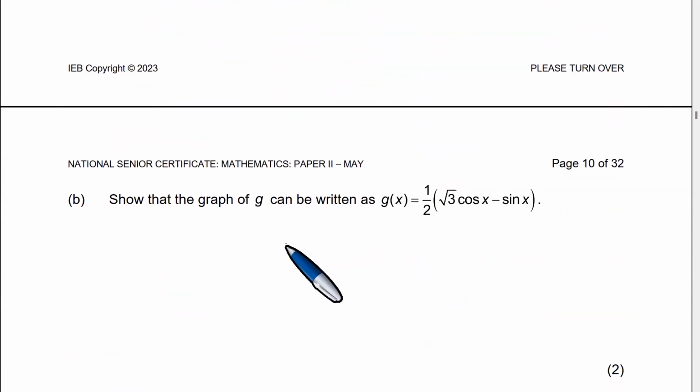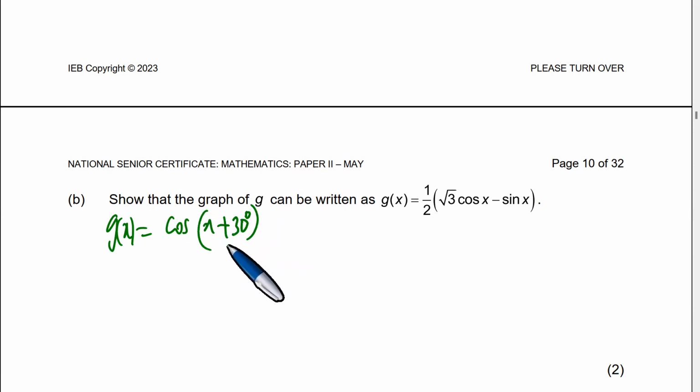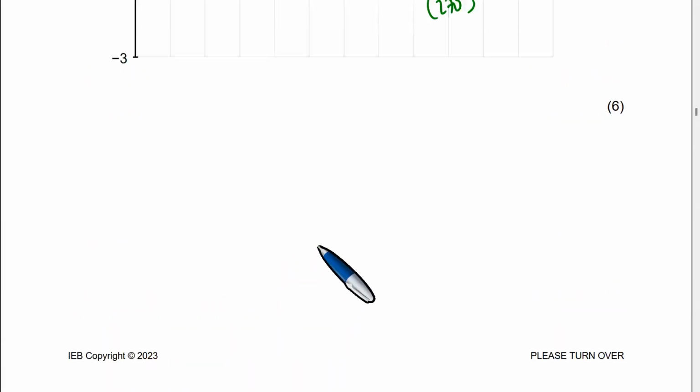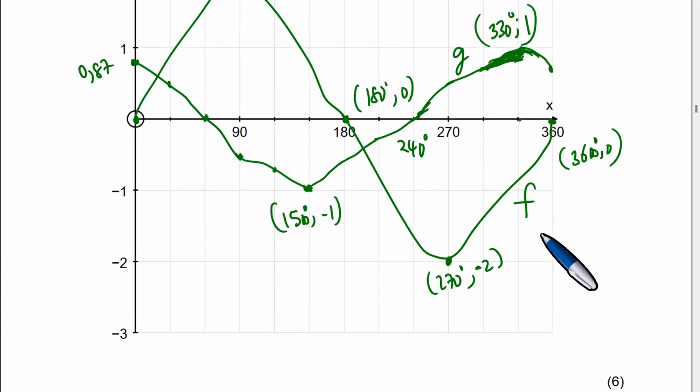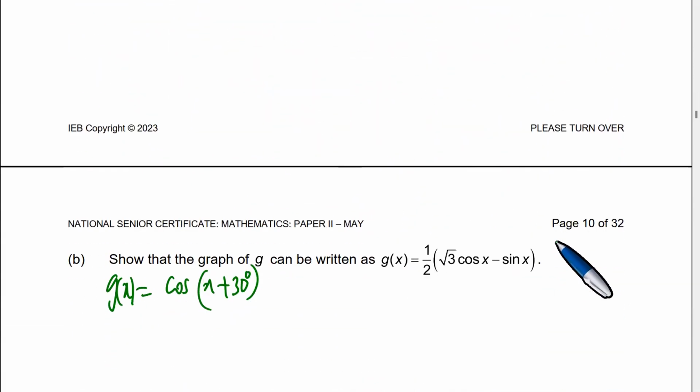Show that the graph of G can be written in the form this. So that's obvious. You'd remember that the graph of G of X is actually the same as cosine of X plus 30. Okay, X plus 30. Check again. Yep, X plus 30.